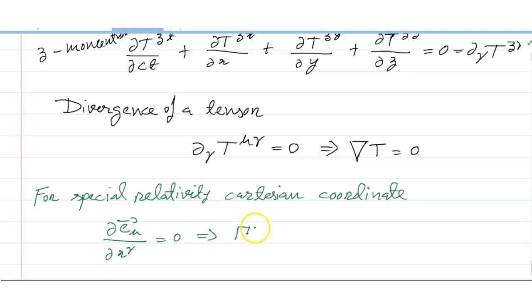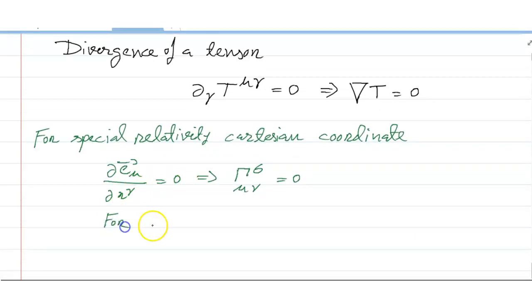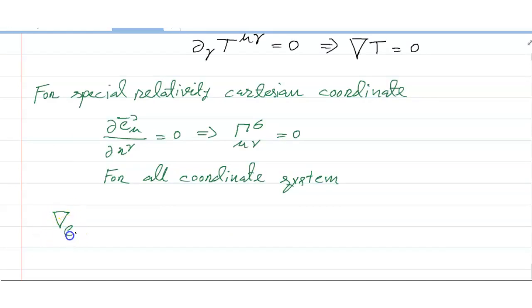That implies gamma del mu nu equals 0. For all coordinate systems, del E sigma T is equal to del E bar sigma T mu nu E bar mu and E bar nu.